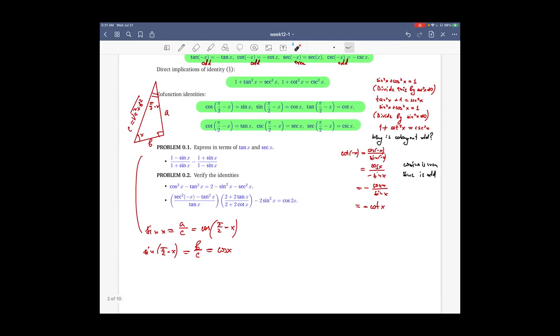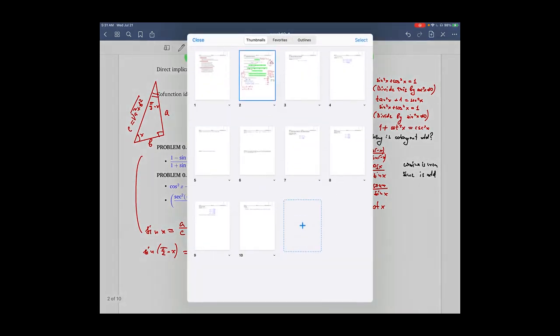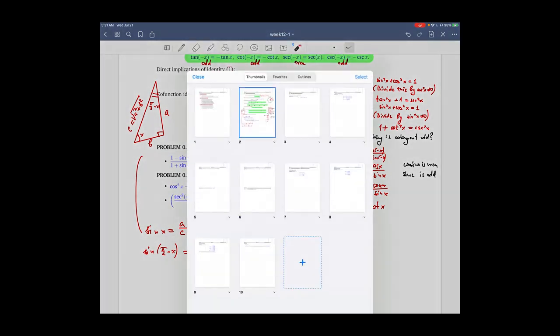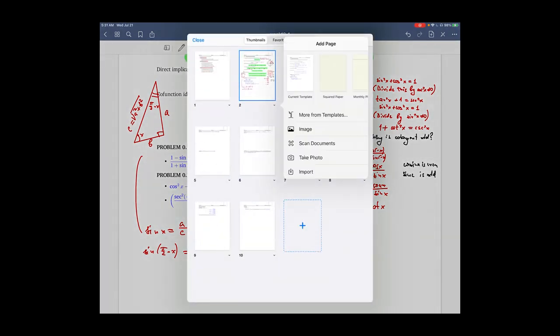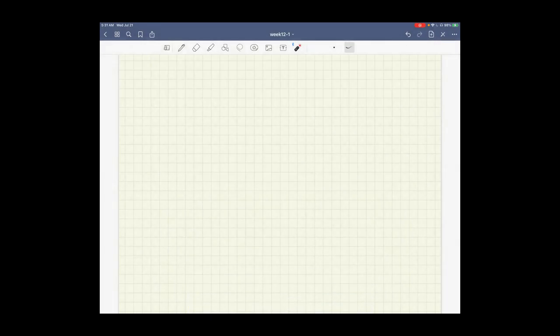So let me add a page here. Express in terms of tangent x and secant x.